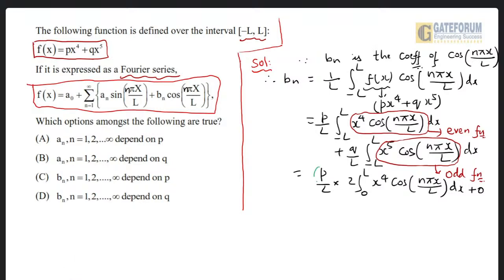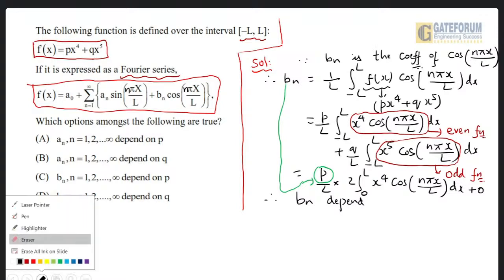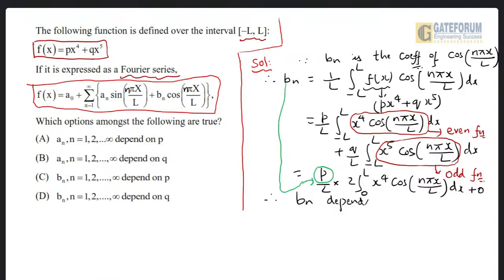This is the connectivity finally. Therefore b n depends on small p. Okay.